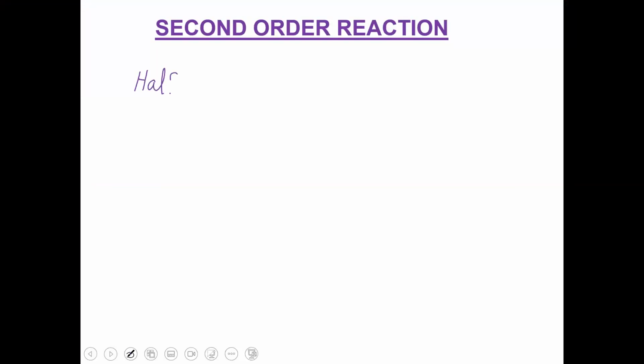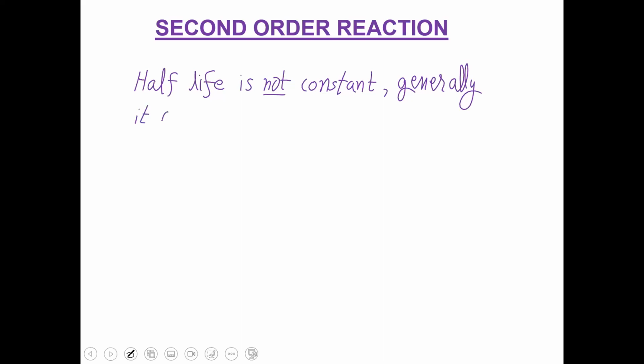So write under it that half-life is not constant, generally it increases.